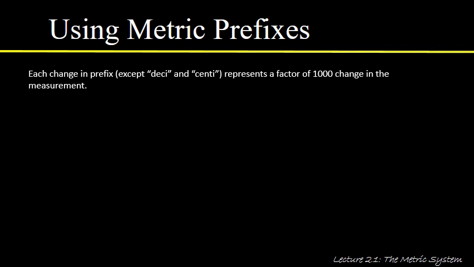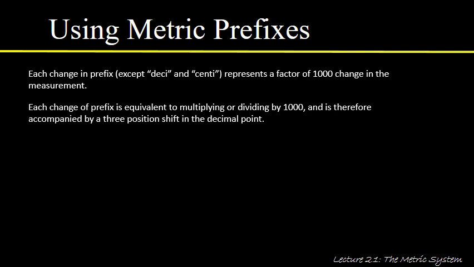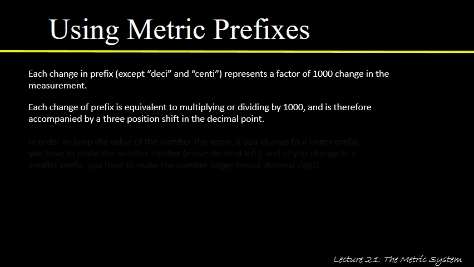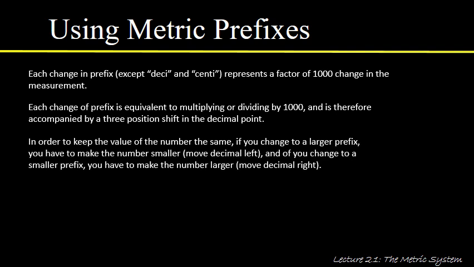And so if each of those changes in prefix represents a change of a factor of 1,000, then that's equivalent to moving the decimal either to the left or the right by 3 positions. And what you want to do when you're changing the prefix on a number is keep the ultimate value the same.